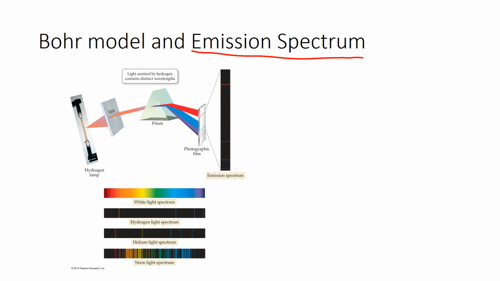And so if we look at it through special types of filters, we can see what's called an emission spectrum. An emission spectrum allows us to see, and it's kind of hard to see, and I don't even know if you can see it on your copy because of the way black and white copies work. No, you can't. But on here, I have like a little red line right there.